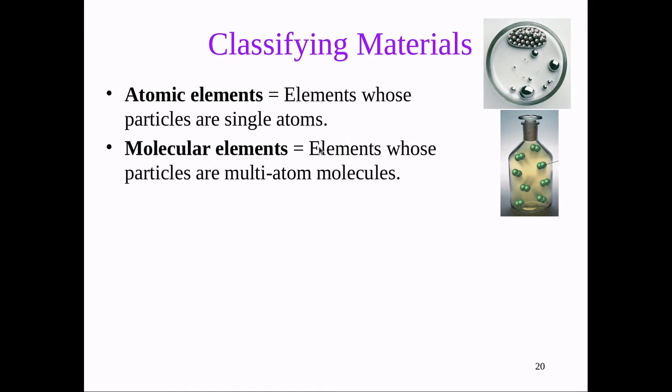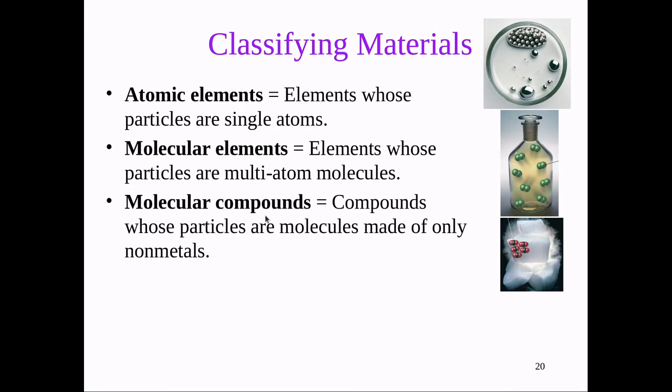Next, we're going to have our molecular elements, and these are new to us now. These are elements whose particles are multi-atom molecules. It just happens that some of the elements actually like to bind to each other and form actual molecules.